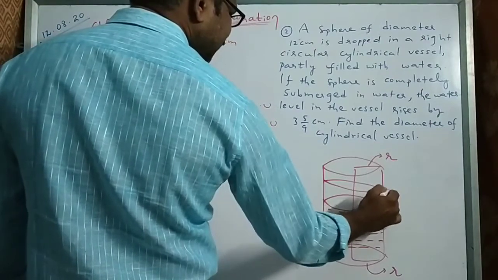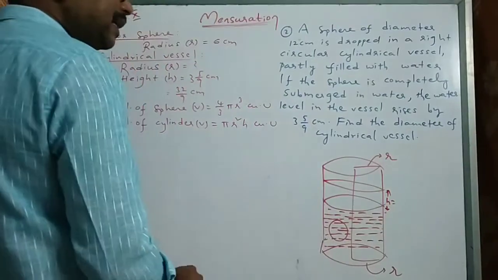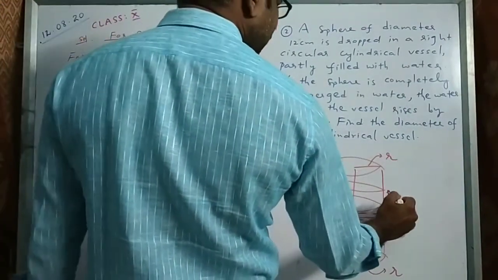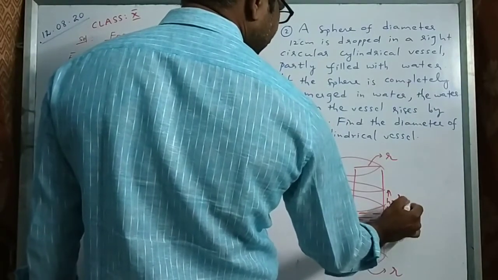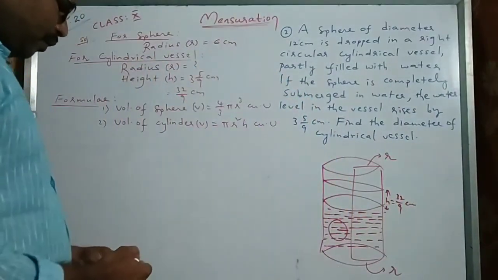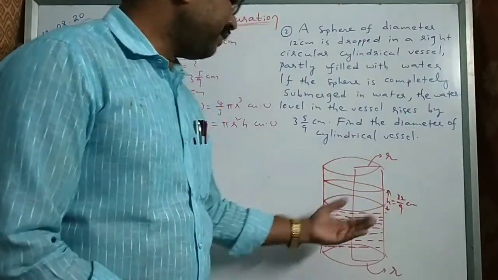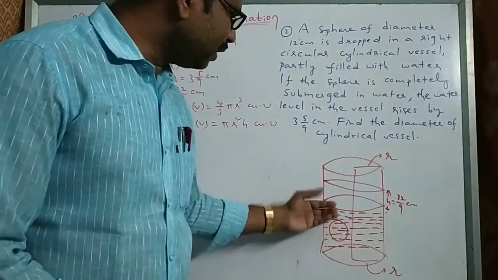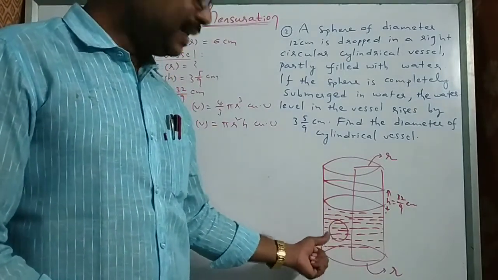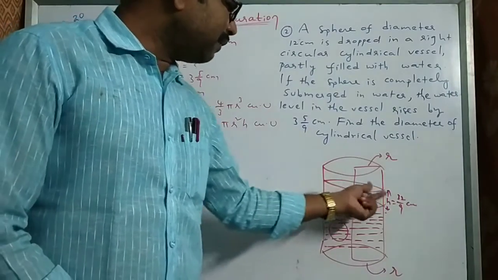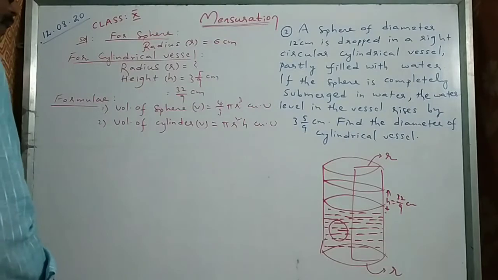So how much is it rising? H is given here, 32 by 9 cm. That means volume of that sphere is equal to volume of the water level that rises up. That much quantity only will rise up. Both quantities are equal.